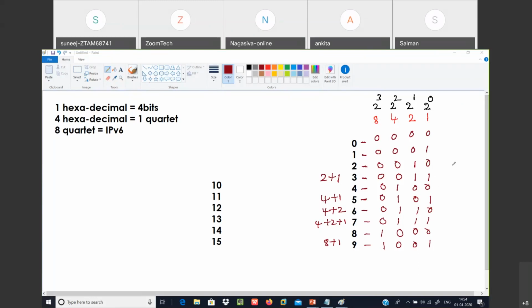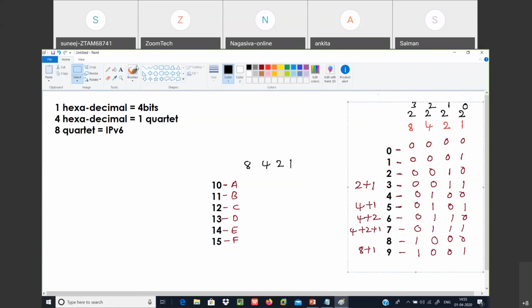Now 10. Generally 10 is A, then B, C, D, E, and F. A value, again with the same 8, 4, 2, 1. A value is what, guys? 10, right?